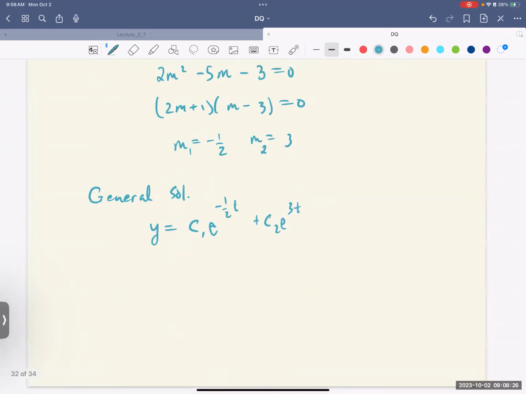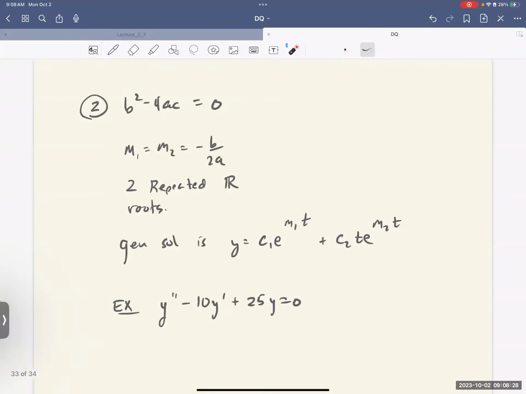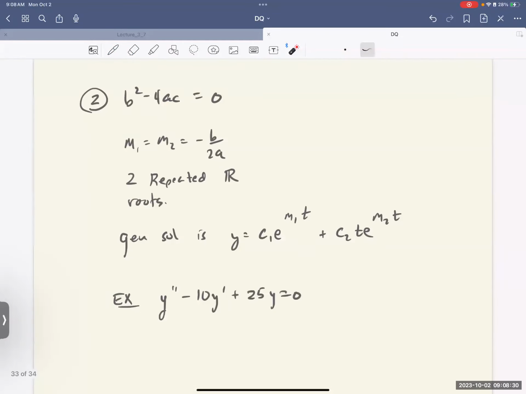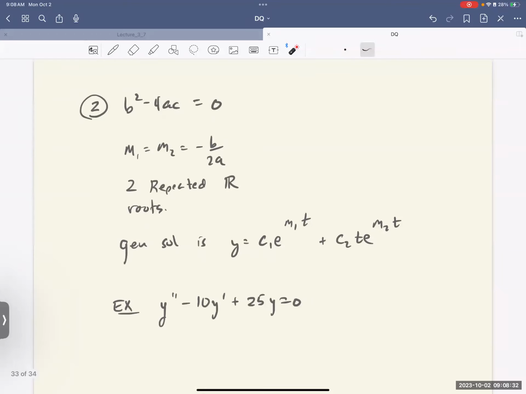So now let's look at b squared minus 4ac equals 0. That's telling you, if you were solving m equals negative b plus or minus the square root, and all the stuff on the inside is equal to 0, over 2a, then our m will equal negative b over 2a.